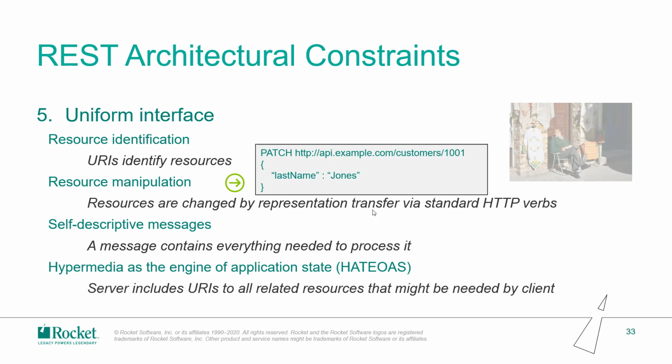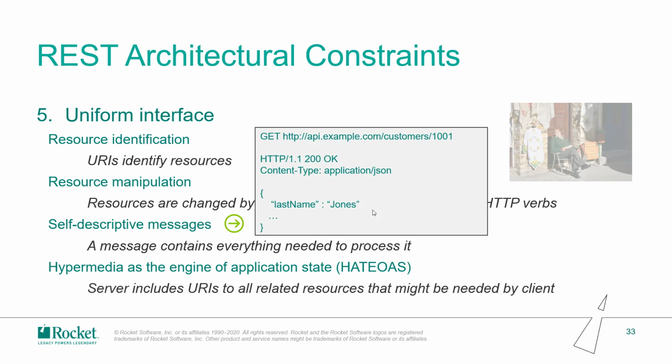And it really gets down to the RESTful acronym that we discussed a minute ago. Further, those representations are transferred via standard HTTP verbs like get, put, post, delete, patch, etc.